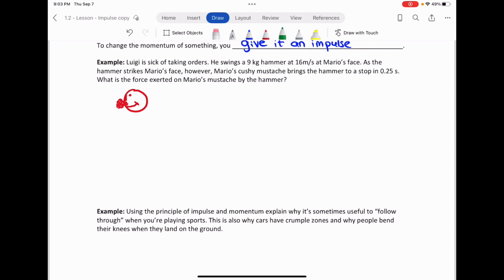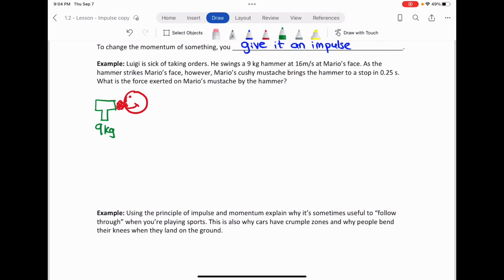Luigi has swung a hammer, and it's just come in contact with Mario's mustache. Now, over a period of time, 0.25 seconds, the mustache compresses and slowly brings the hammer to a stop. So we'll redraw what this scenario looks like 0.25 seconds later. Mario's a little scared now, and his mustache is a little more compressed.